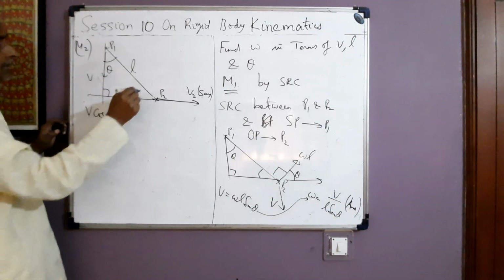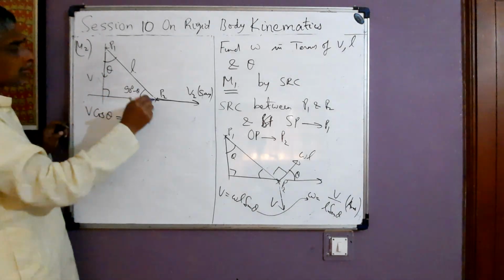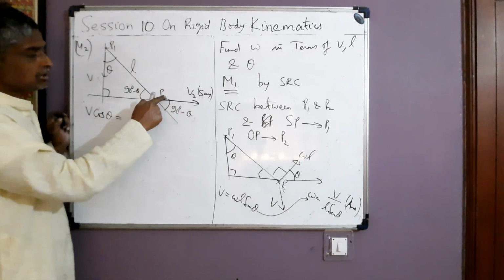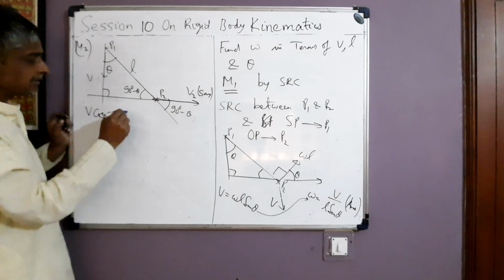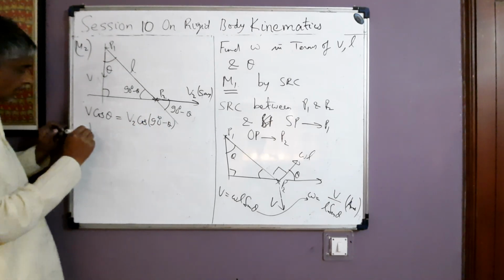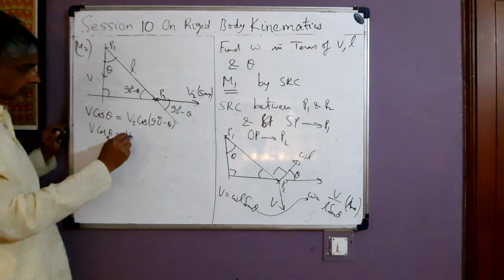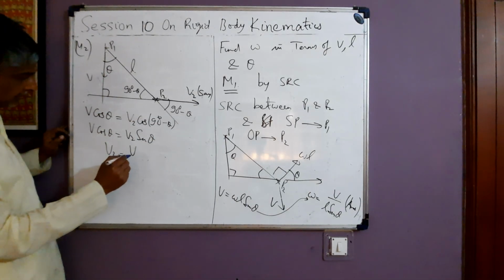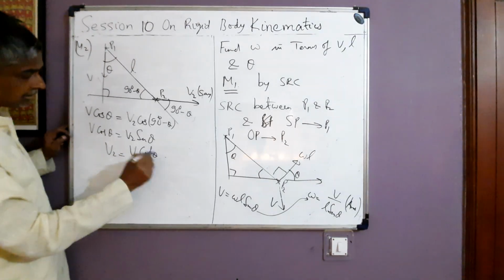By geometry, this angle becomes 90 minus theta, so the component of V2 along this line is V2 cos(90 minus theta). So V cos theta equals V2 sin theta, and V2 becomes V cot theta.